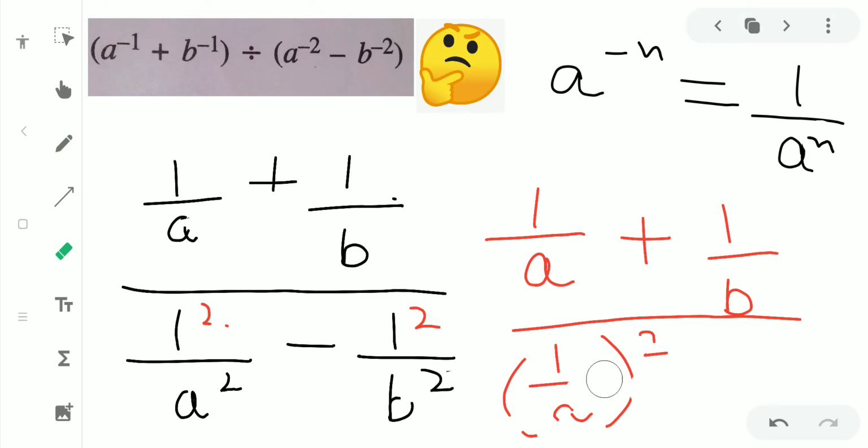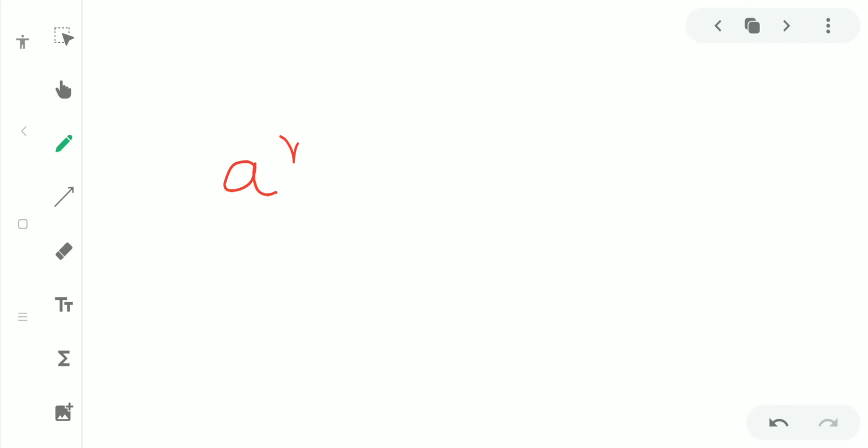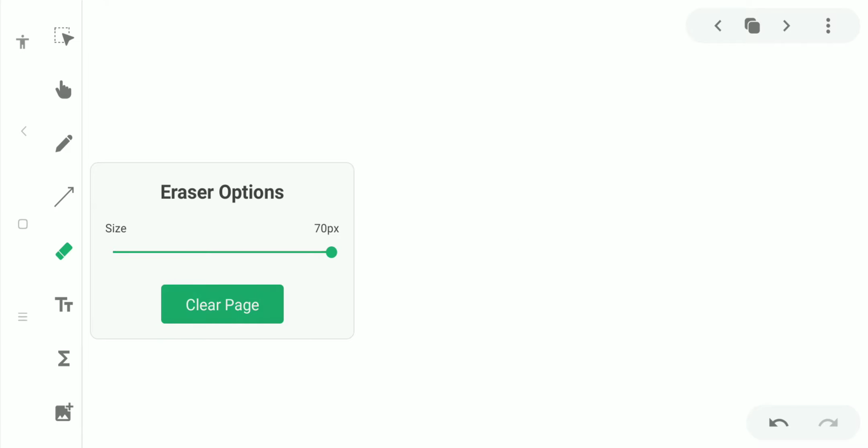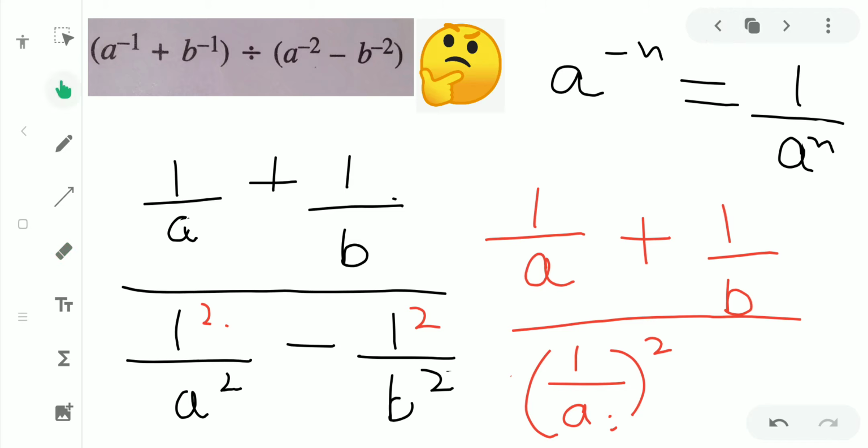As I said in the law, (a by b) whole power m is equal to a power m by b power m, and here I am reversing that law, so a power m by b power m becomes (a by b) whole power m.